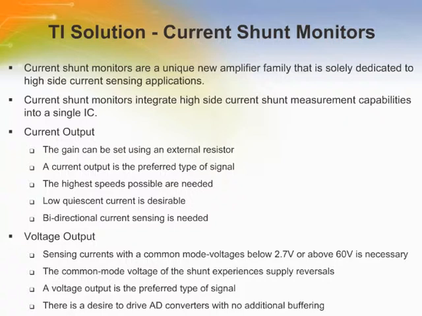The current output current shunt monitors have low quiescent current, adjustable gains, and are available in both standard and high-speed configurations. The ability of voltage output current shunt monitors to sense at or below zero is essential in sensing current from shorted supplies during inductive kickback and can be used for negative supply current sense.